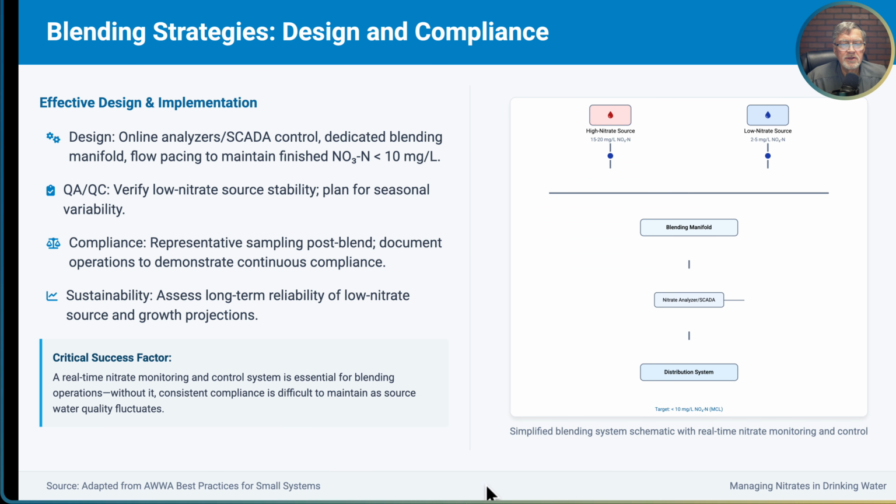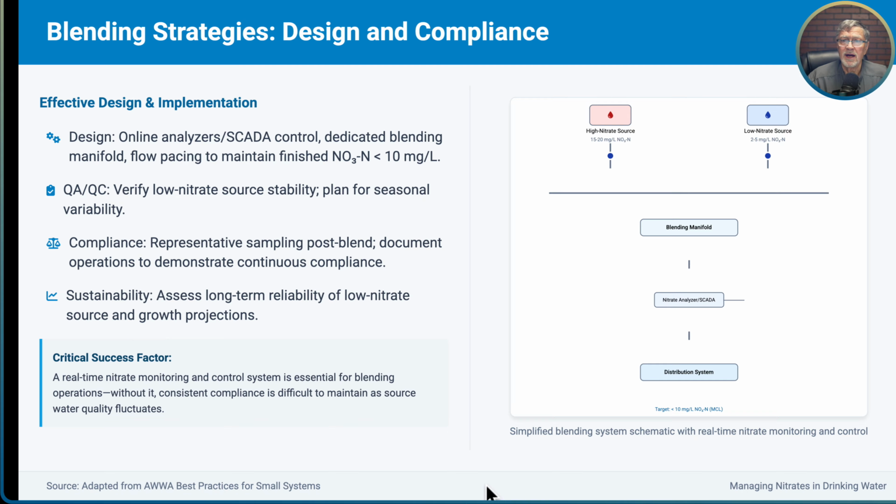So blending strategies, design and compliance. For the design, you're going to have online analyzers and SCADA control. You're going to run these analyzers through your SCADA system so you can always monitor those. I recommend these days SCADA systems that have cloud storage and are accessible through the cloud so you can constantly monitor this. If you're doing blending, you may need to make some adjustments.